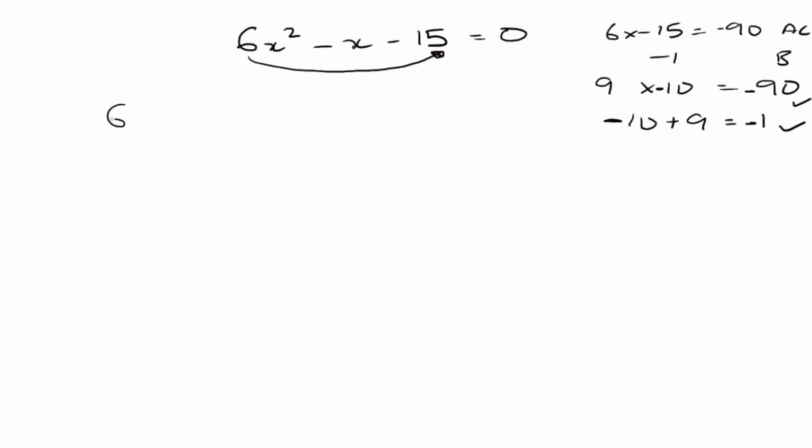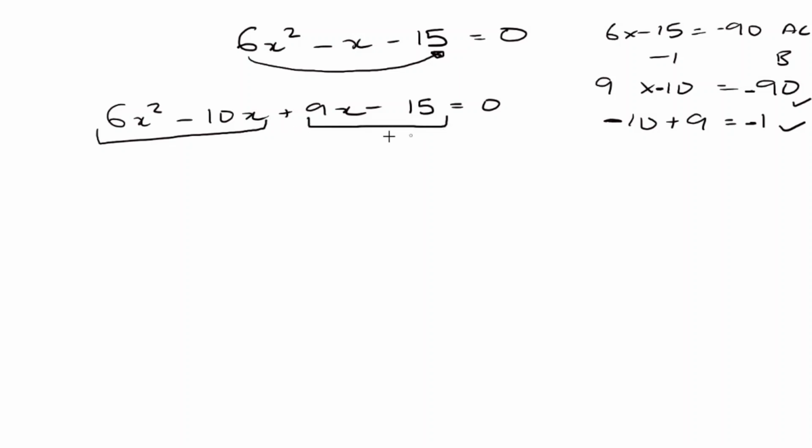So we'll rewrite this as 6x squared minus 10x plus 9x minus 15, which is equal to 0, and we will now group these two sides. We group this and group that. We know that 2x is going to be the common factor in the first group, so 2x goes into 6x squared to give us 3x minus 5.